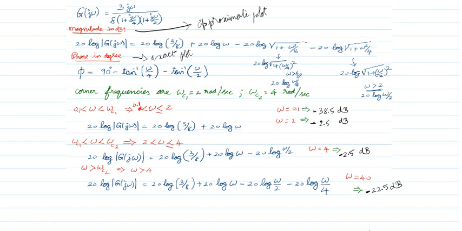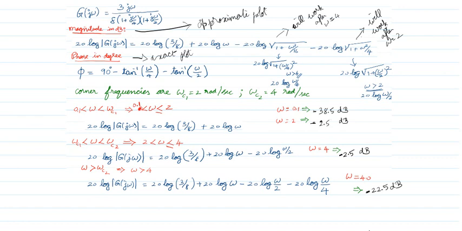We know very well that this term will work after omega equal to 4. This is the second corner frequency. And this term will work after omega equal to 2, right?